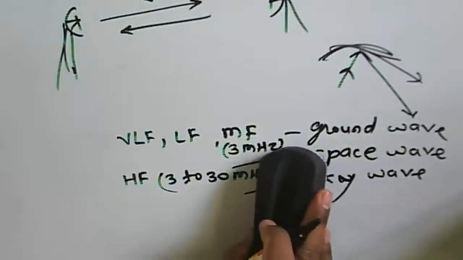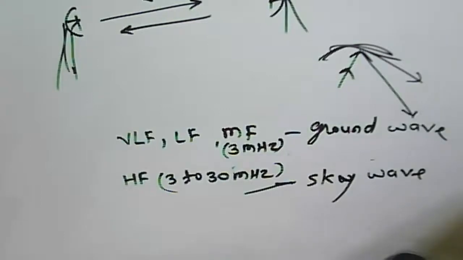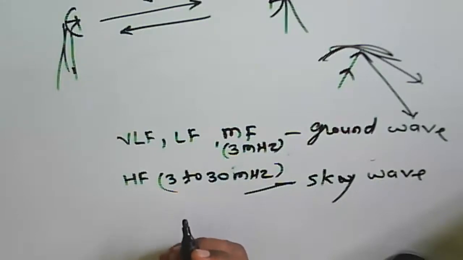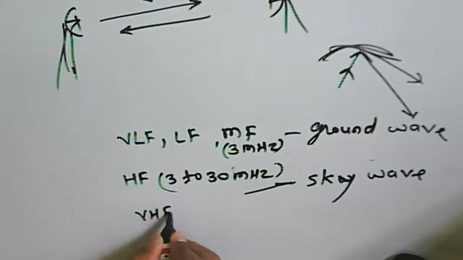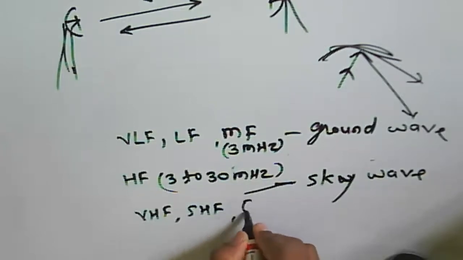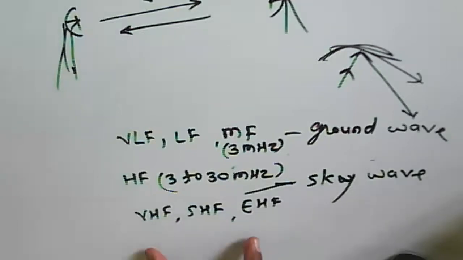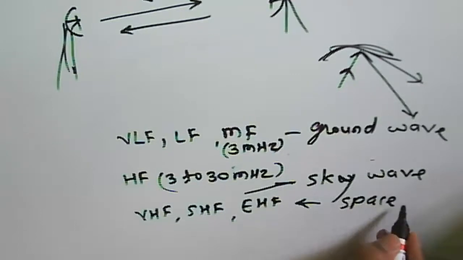Correction: 3 to 30 megahertz is for sky wave propagation. Then for the wave propagating in space, we have the VHF band, the SHF band, and the EHF band, and a wave propagating in these particular bands is called a space wave.